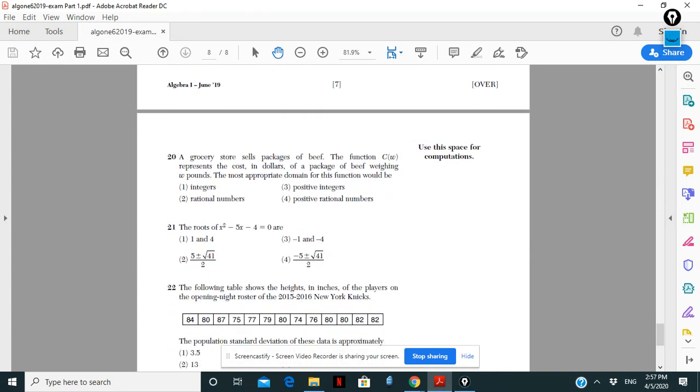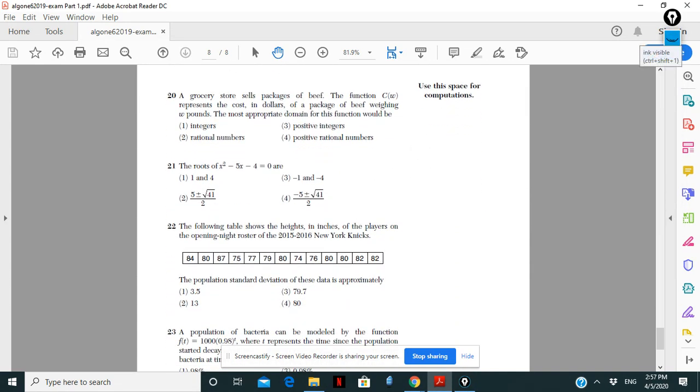Question number 20. A grocery store sells a package of beef. The function C(w) represents the cost in dollars of a package of beef weighing w pounds.